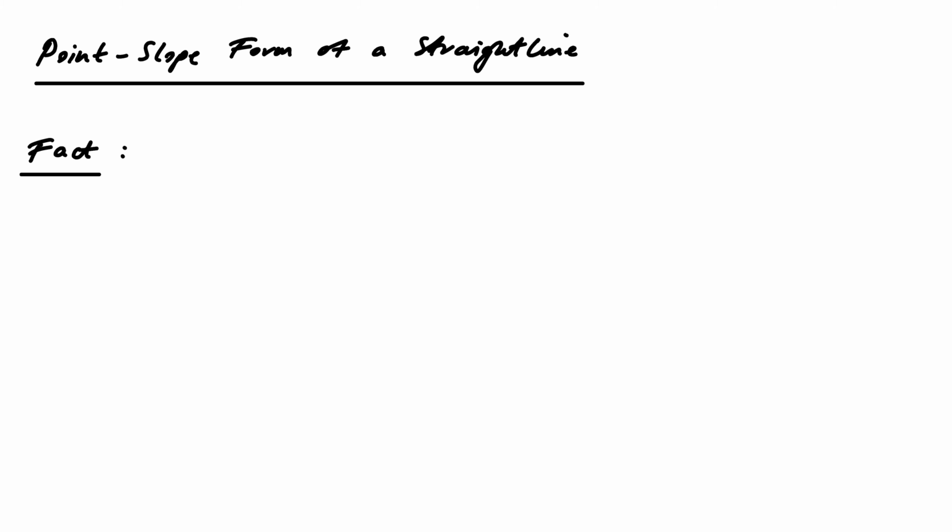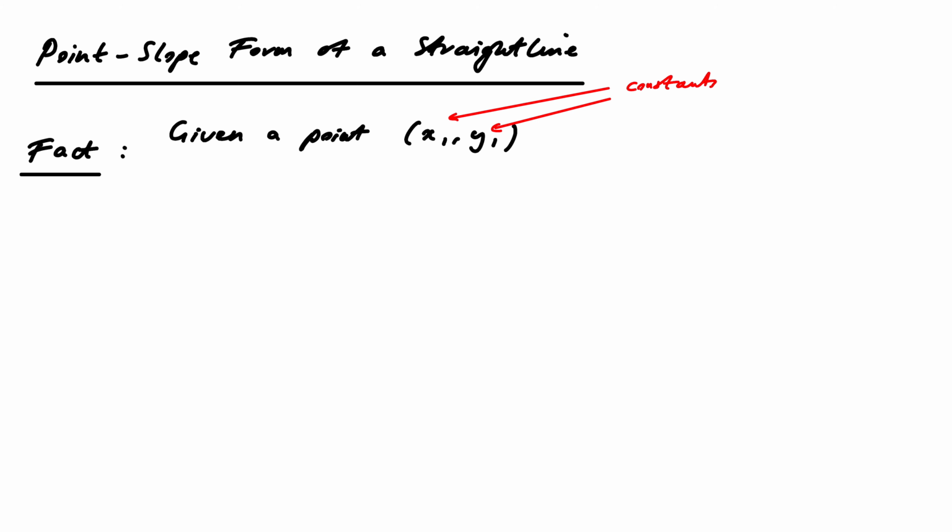So if I give you a point, given a point, let's write it as x1, y1, where I think about x1 and y1 as fixed constants. So that describes the position in the xy plane.